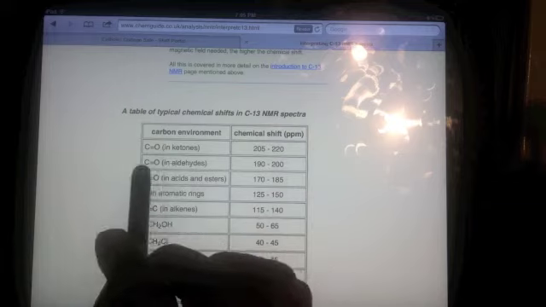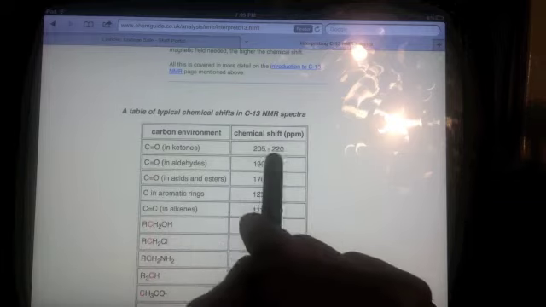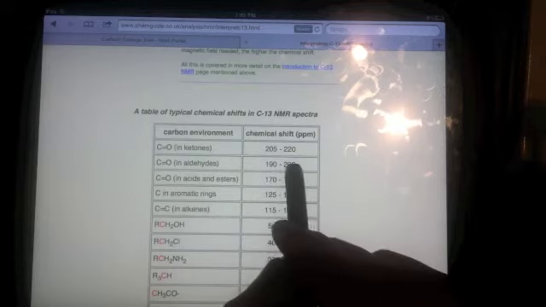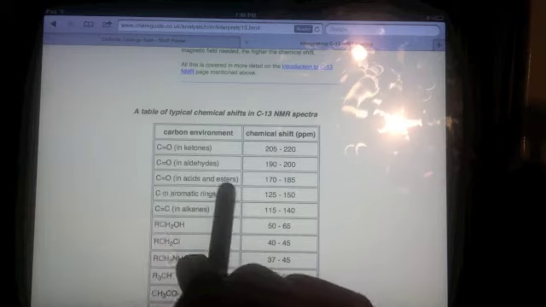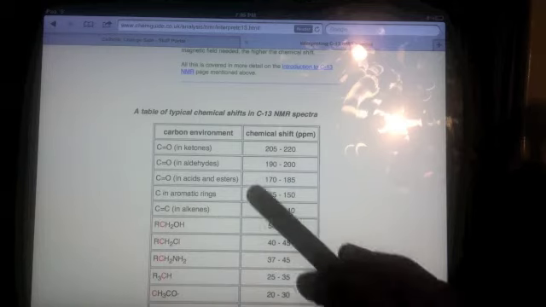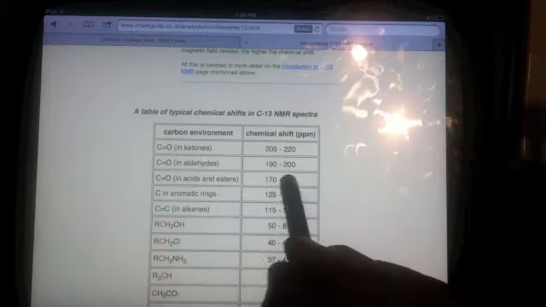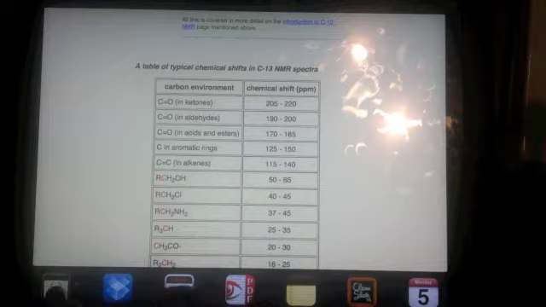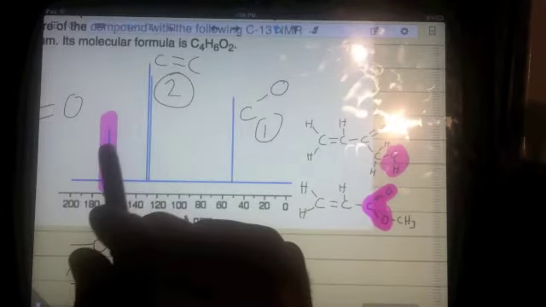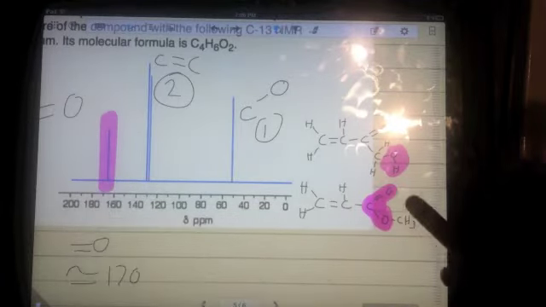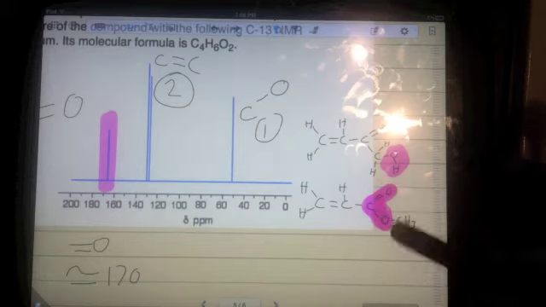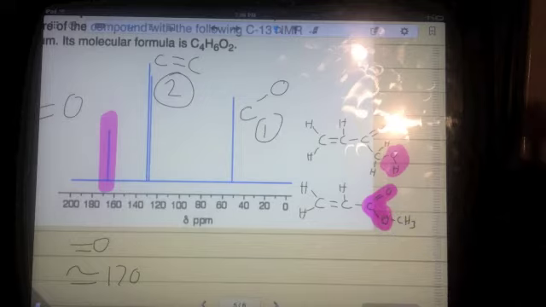Now, a double bond to O in an aldehyde happens at about 190 to 120, whereas a double bond to O in an ester, where we have a single bond to O on the same carbon, is around 170-ish. This is consistent with where this line is here, and so therefore this double bond to O here must also have a single bond to oxygen here. And that's where it can get a bit messy.